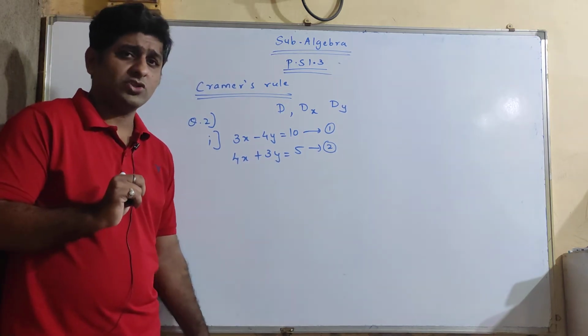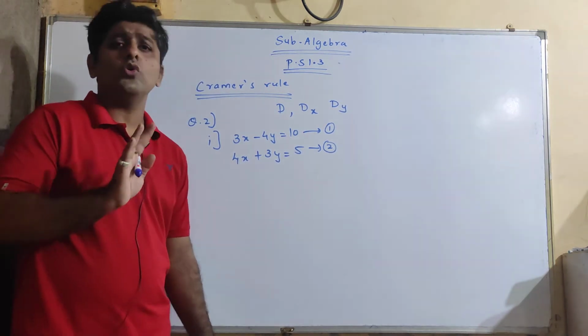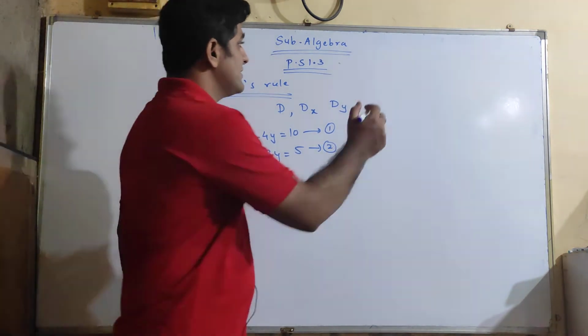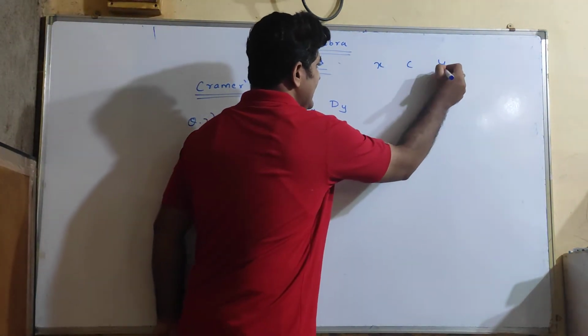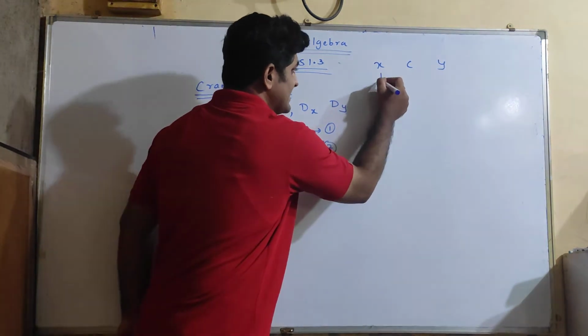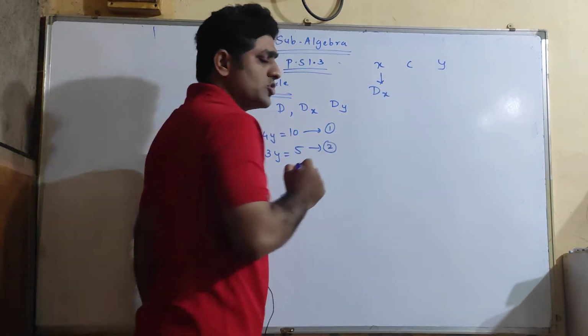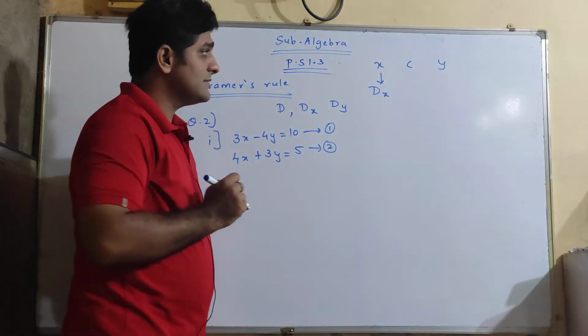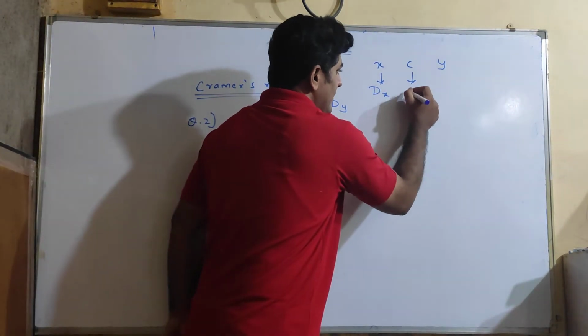Now how to do it, students? Here we will follow one particular rule, that is the XCY rule. Now what exactly is the XCY rule? Here x corresponds to determinant Dx.